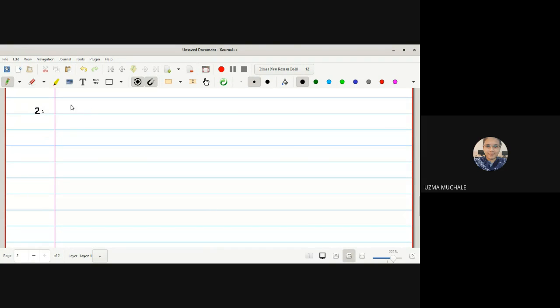Let V and W be two vector fields. V is equal to x u1 plus u3 and W is equal to 2x square u1 plus y u2 plus z u3.